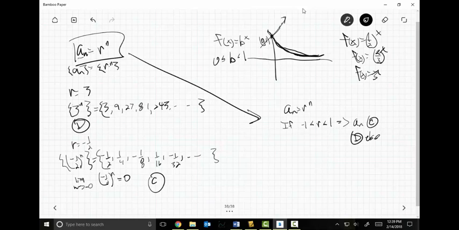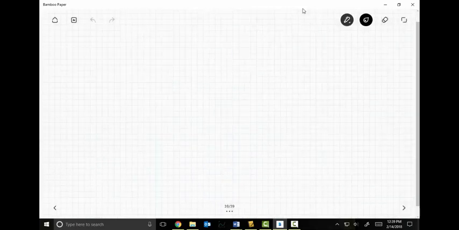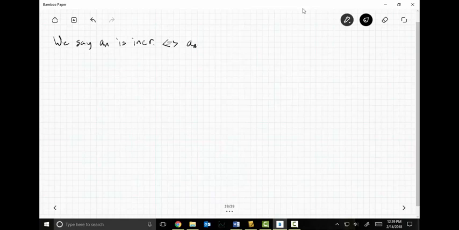Okay, a couple more things. We're going to talk about increasing, decreasing, monotonic, and bounded sequences, and then there's the monotonic sequence theorem. We say a sub n is increasing if and only if a sub n is less than a sub n plus 1 for every n.